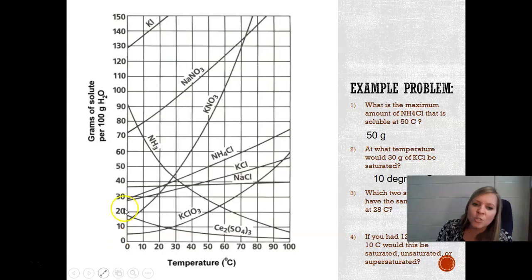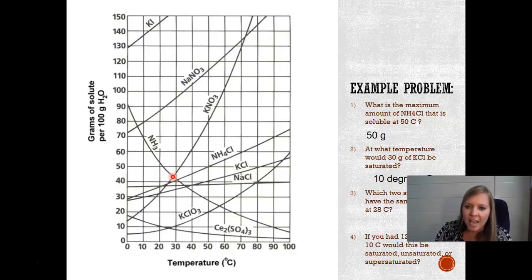The next question says, which two substances have the same solubility, meaning they can dissolve the same amount, at 28 degrees Celsius? I know it's going to be right in front of 30. Let's see. I would say that's probably 25. I don't think that's where I'm looking because that looks right in the middle. So let's keep going. Okay, here we go. This little guy is super duper close.